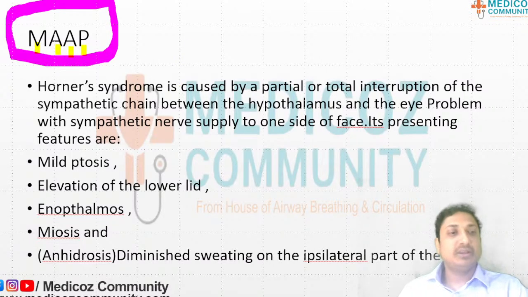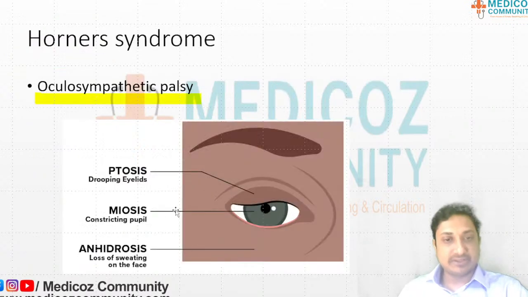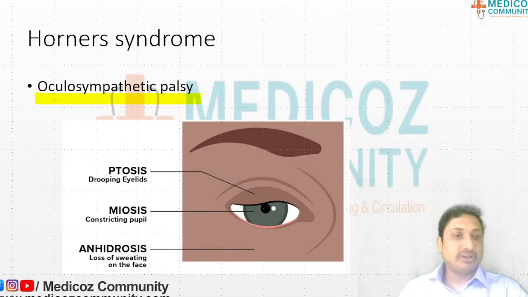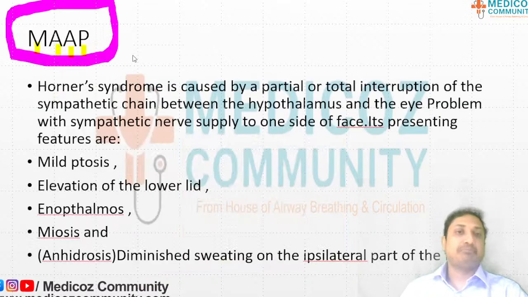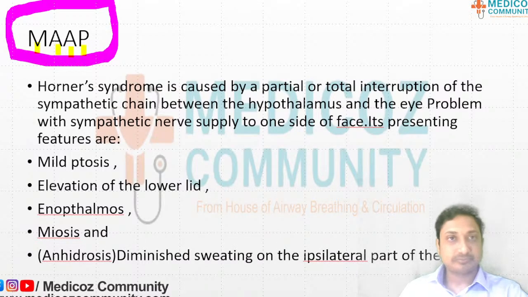What is anisocoria? Both pupils will be different in size. So ptosis, miosis, that is a constricted pupil, drooping of the eyelid, anhidrosis, and along with that anisocoria will be seen. So remember this mnemonic MAP for Horner's syndrome.